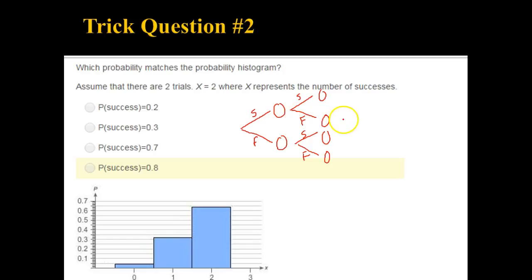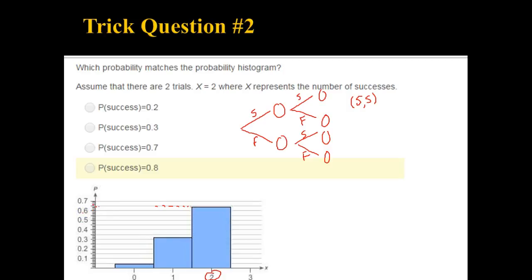And then when I multiply together, when I get two successes, that ends up having these two probabilities multiplied together. And according to the chart, the probability of two successes is, just taking this line over, 0.6.